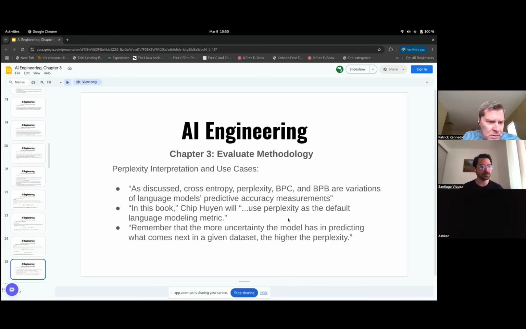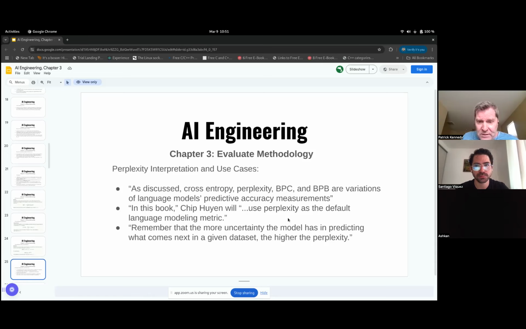Next one is slide 25, perplexity, interpretation, and use cases. As discussed, cross-entropy, perplexity, BPC (bits per character), and bits per byte are variations of language models' predictive accuracy. In this book, Chip Huyen will use perplexity as the default language modeling metric.